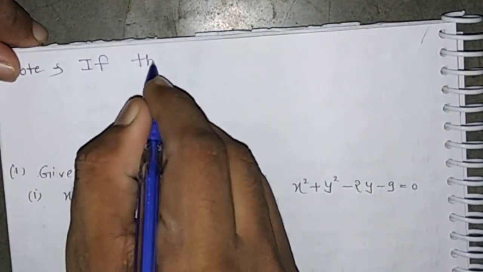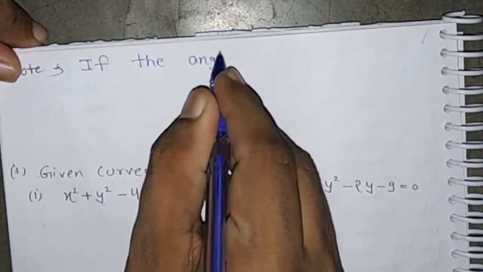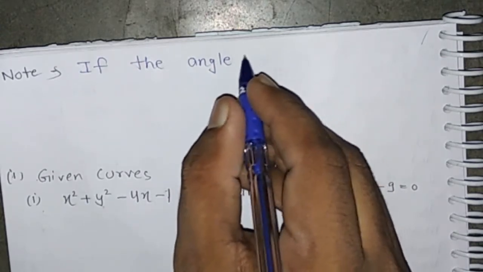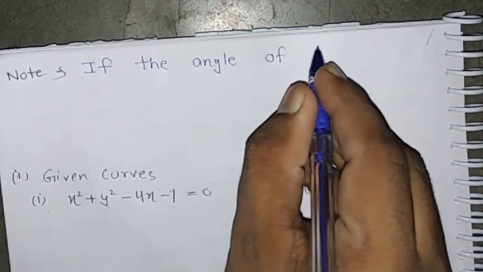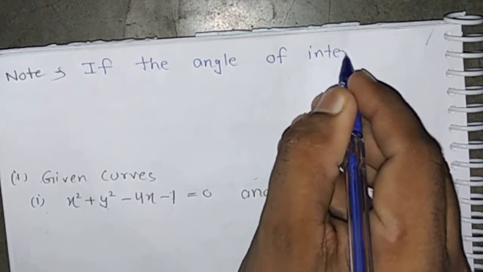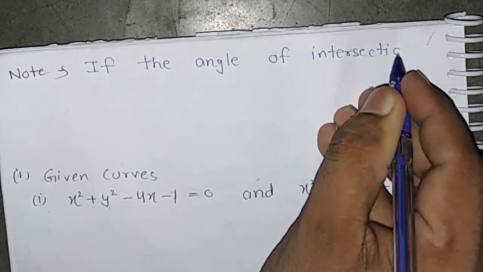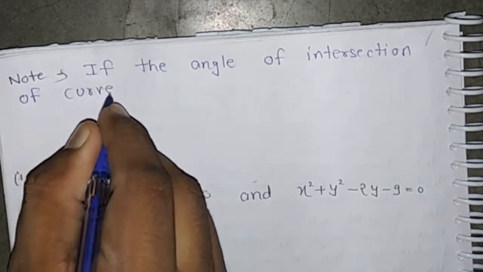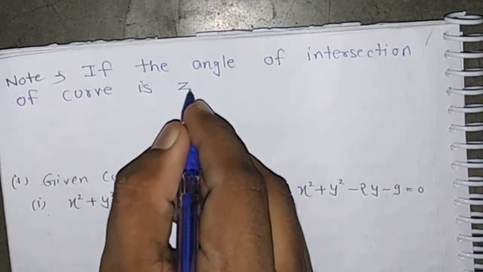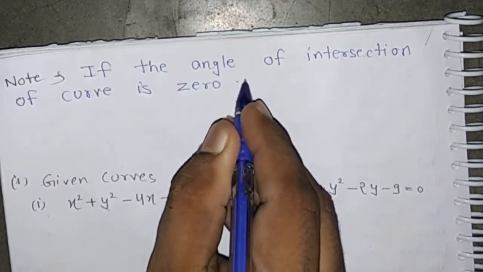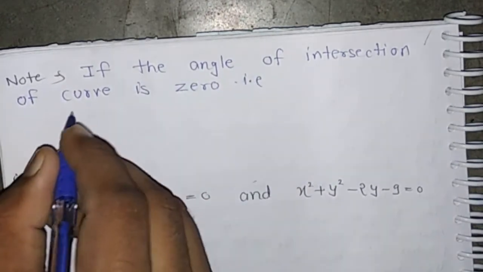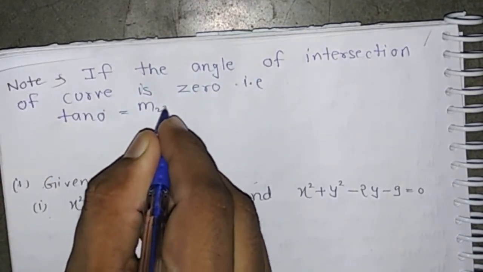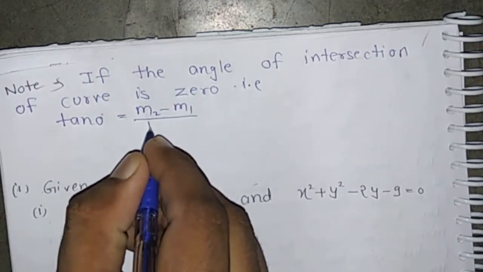If the angle between the curves is 0, that is tan 0 equal m2 minus m1 by 1 plus m1 m2.